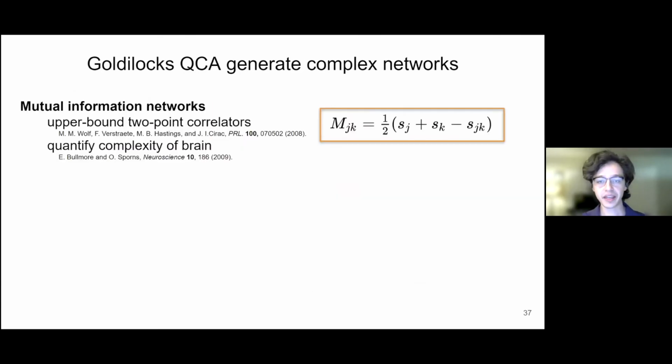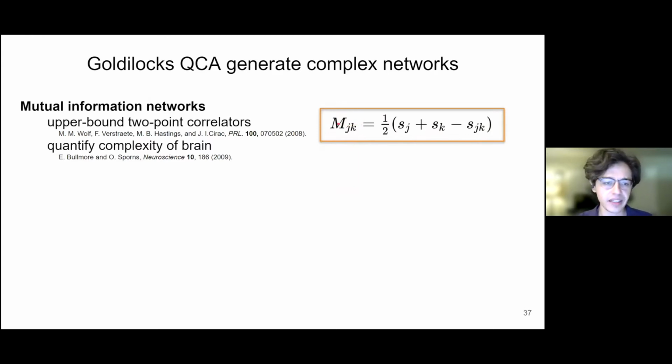And to make a network, we will form the quantum mutual information between qubits J and K. And that's given by this formula here. It's the local von Neumann entropy of qubit J plus K minus the joint von Neumann entropy between qubits J and K. And for this mutual information measure, we've given this factor of 1/2 here, which is non-standard, but it gives us that normalization to think of this M as a network of links.